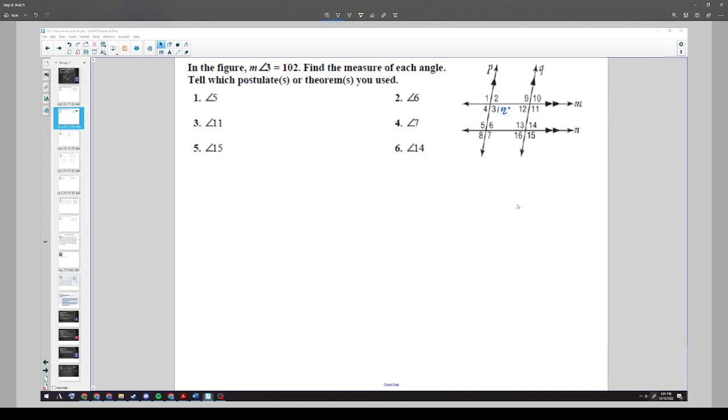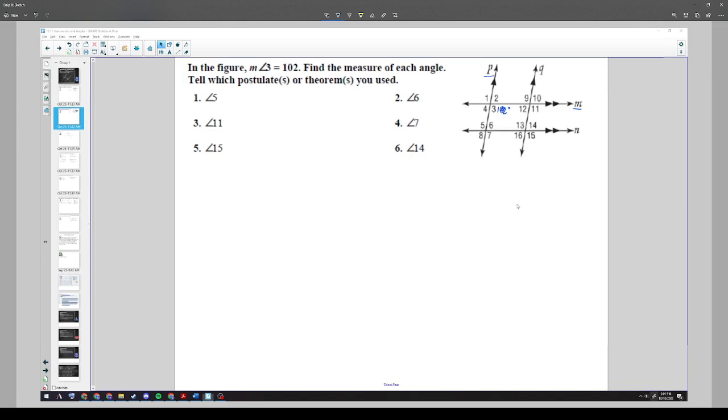But I also know all 8 of these angles because P and Q are parallel. So I could think of M as a transversal of them, or P as a transversal of these two, meaning that there's really only 2 total angle measurements going on here.